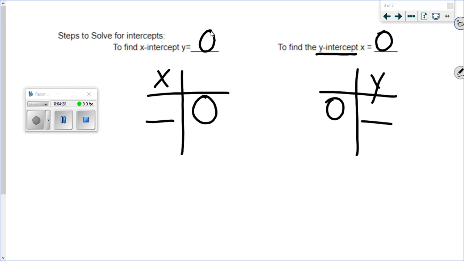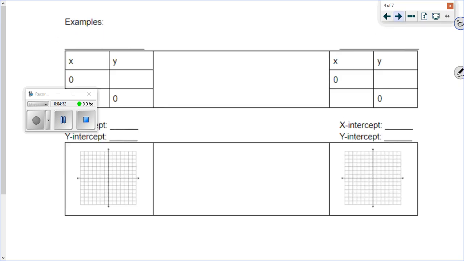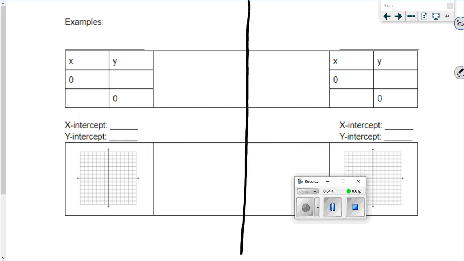We are now going to move through the video with 6 different examples. On your paper, you need to separate the 2 sides. Example number 1 will start on the left. The first equation is x minus 2y equals 12.